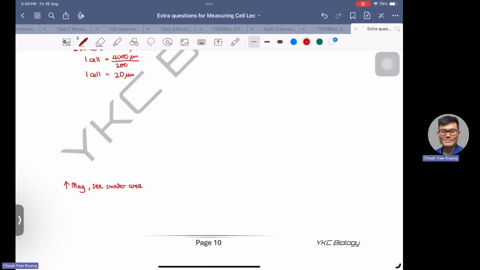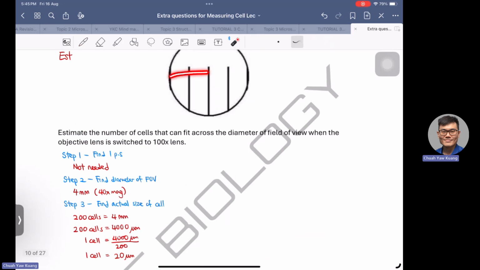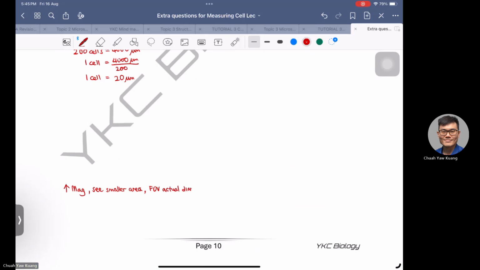So that means that the FOV actual diameter, the actual diameter of this FOV, when you zoom in, will become shorter. Okay, so that means that you see a smaller area. So the actual diameter will be shorter.